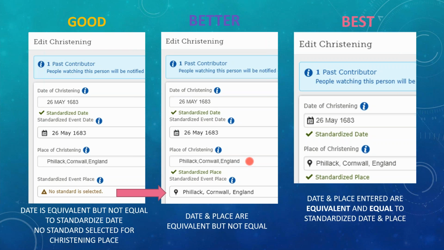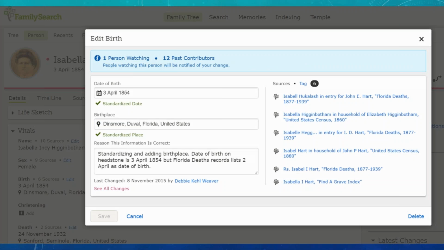I pressed the space bar after England, chose from the drop-down list, and now they are one and the same. While this is okay, and this is better, this is best. This is what I try to do with every record that I touch. I want the best options in my records so that the computer does its best work searching.